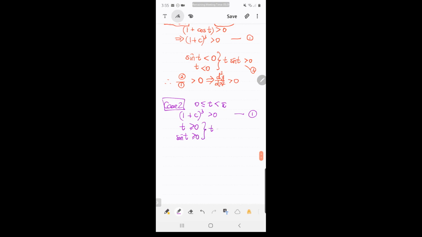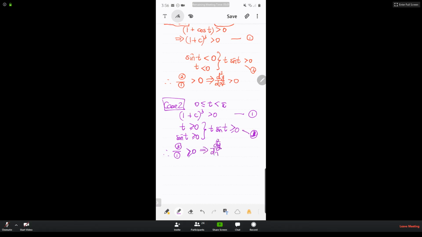So these two multiply together, you have t sine t greater than or equal to 0. So this is number 2. Sorry, I call this number 3. So therefore, if you have 3 divided by 1, that would tell you greater than or equal to 0. So you have d2y dx2 is greater than or equal to 0.